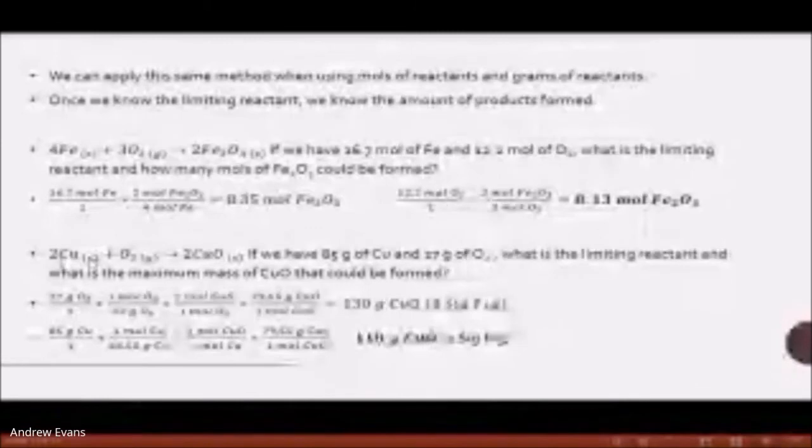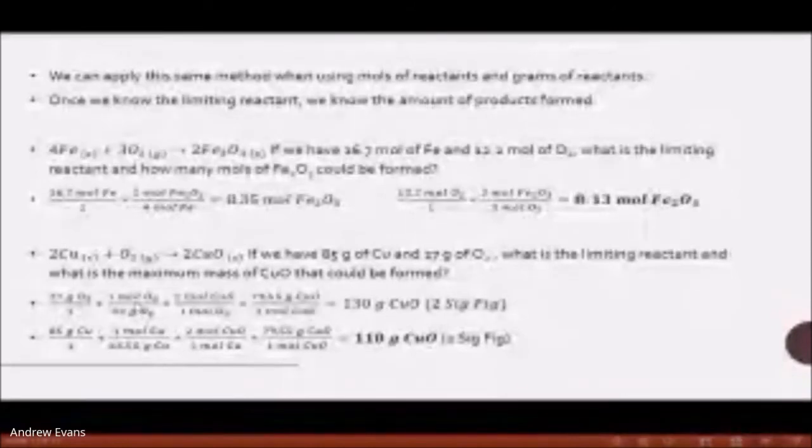But you have to remember, copper is far heavier than oxygen, and you'll need 2 moles of copper versus 1 mole of oxygen. So in this case, I convert grams of oxygen into moles of oxygen, 1 mole per 32 grams.